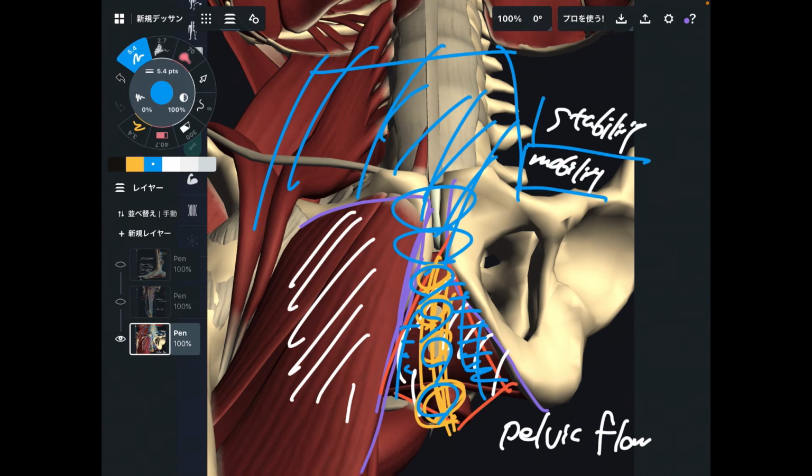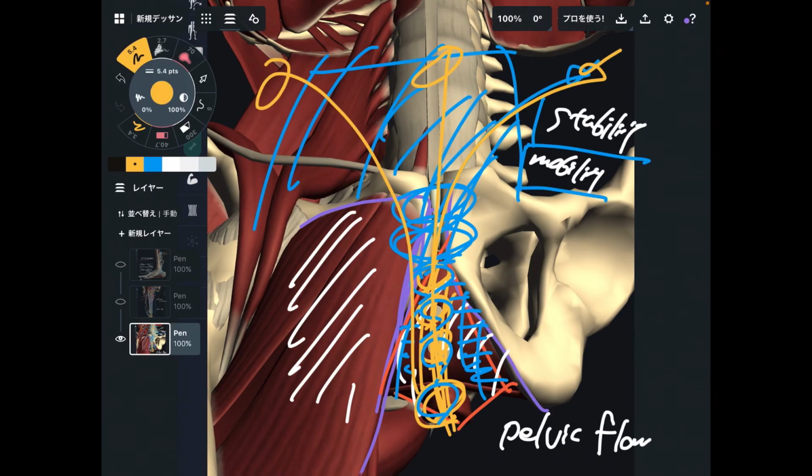From pelvic floor, you can suggest many connections. As I said, above pelvic floor, there are a lot of internal organs like bladder, uterus, prostate, rectum, large intestine, small intestine. You can follow for multiple directions. You can go straight up, or you can go this way diagonal. Maybe you can go transverse direction.